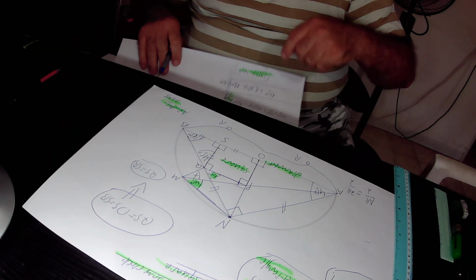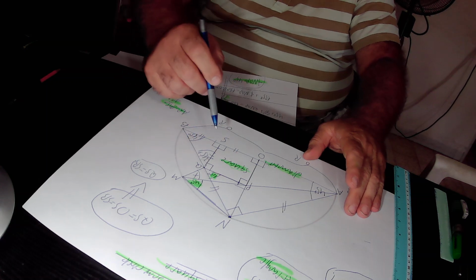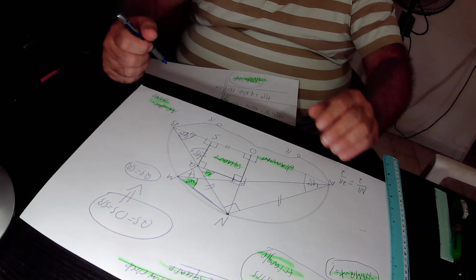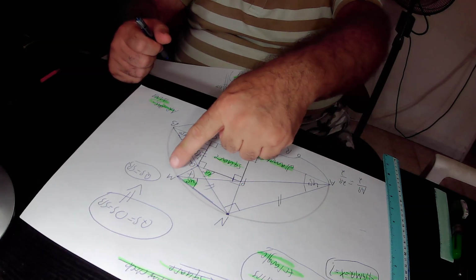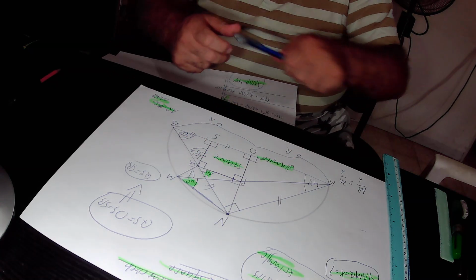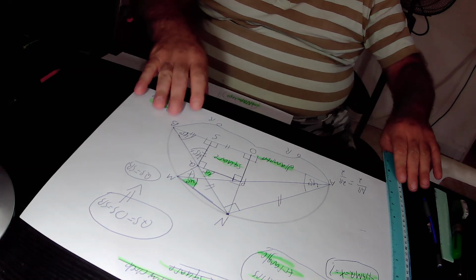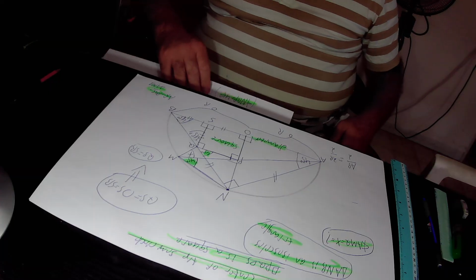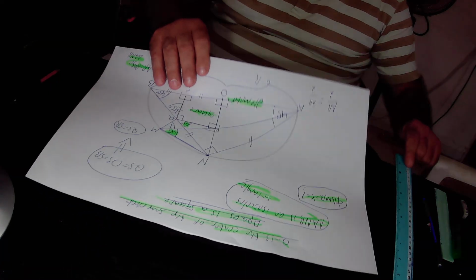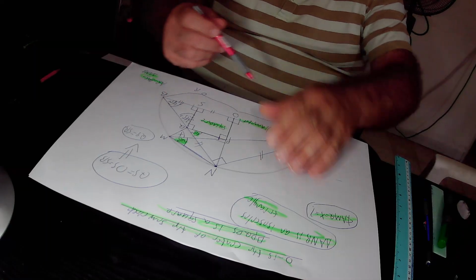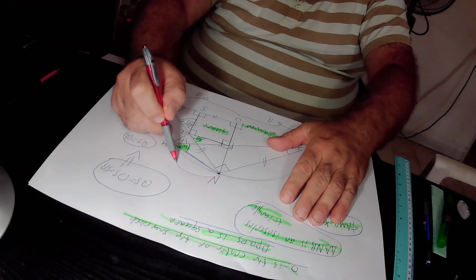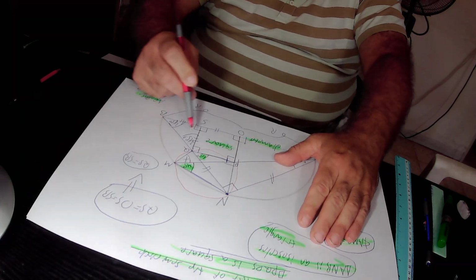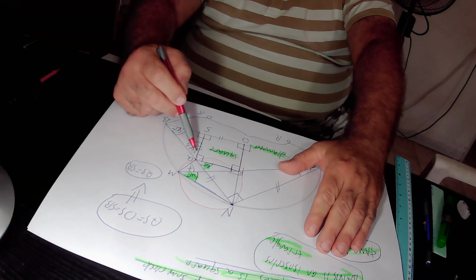So we have already proved that quadrilateral NMQP can be inscribed by a circle. It is a cyclic quadrilateral. So we will block this quadrilateral NMQP by a circle. So the red circle blocks quadrilateral NMQP.